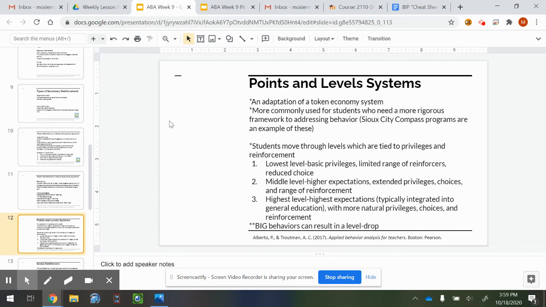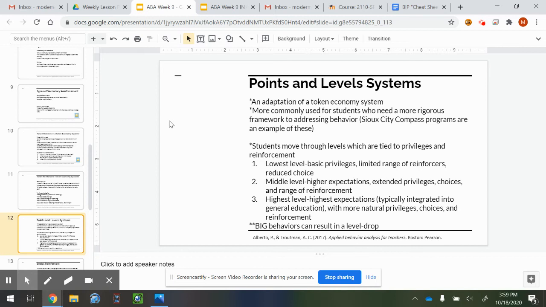These are typically students that have started to integrate into a general education setting. They may have more natural privileges, choices, and reinforcement that look more like a gen ed student, and their rate of reinforcement would probably be decreased at this point in time. But having more privileges is something that can be very rewarding to kids.